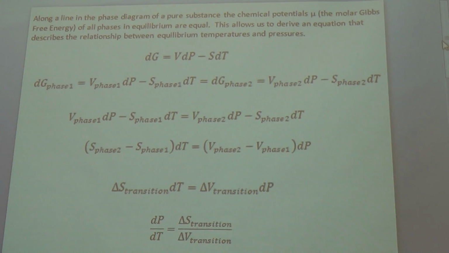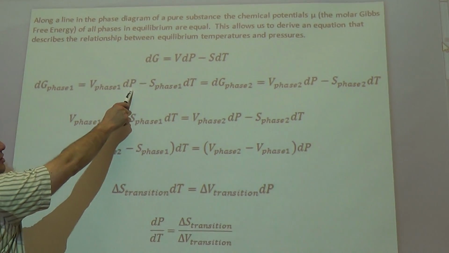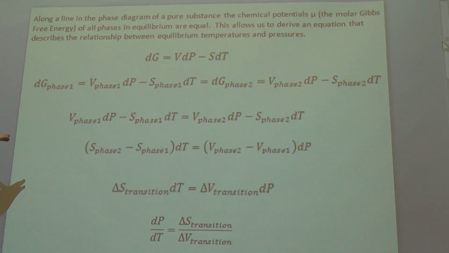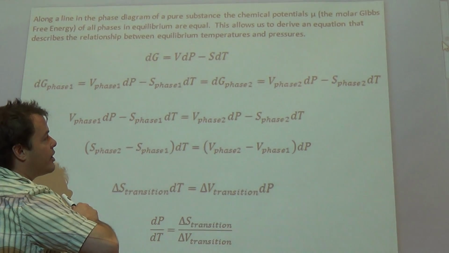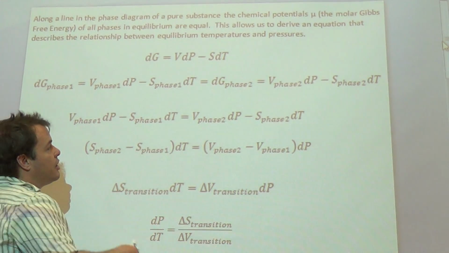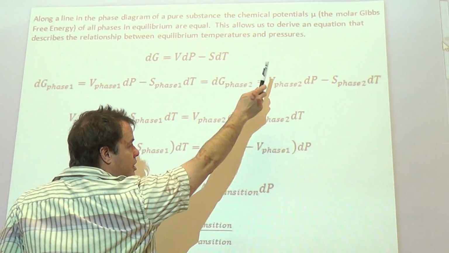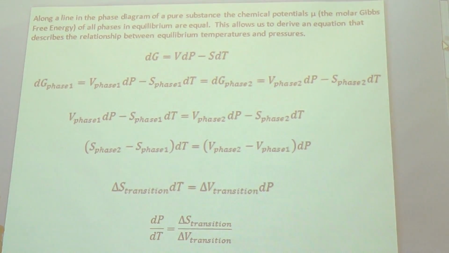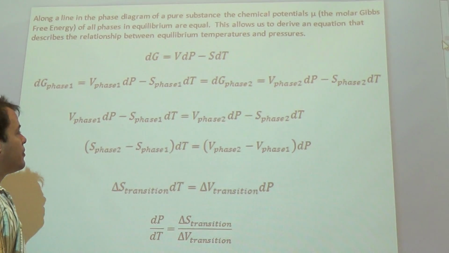So we write an expression that says that V dP of phase 1, the molar volume of phase 1 times the differential change in pressure, minus the molar entropy of that phase times the differential change in temperature, is going to be equal to dG of phase 2, which is the volume of that phase minus the partial molar entropy times the differential change in temperature.